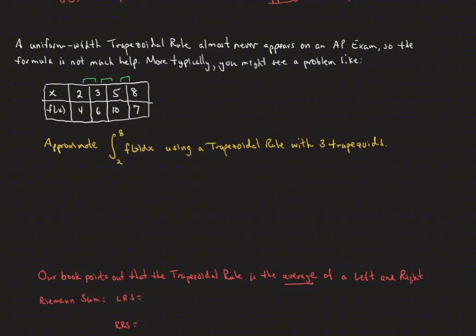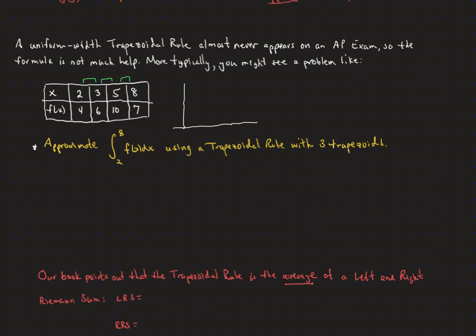Instead, what we have to do is find the area of the individual trapezoids. So that's what we're going to do here, approximate our integral using 3 trapezoids. Now you don't have to graph this, but I'm just going to plot some points here so you can visualize what is happening.